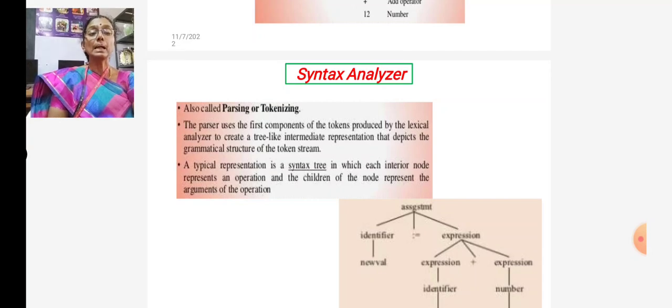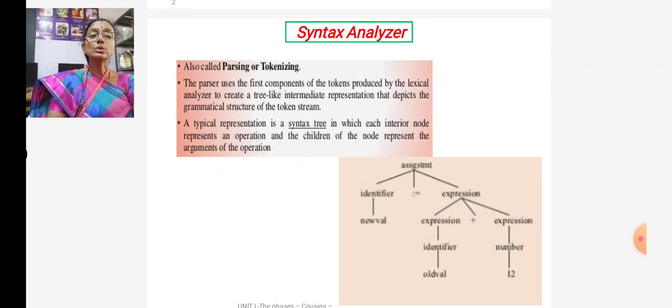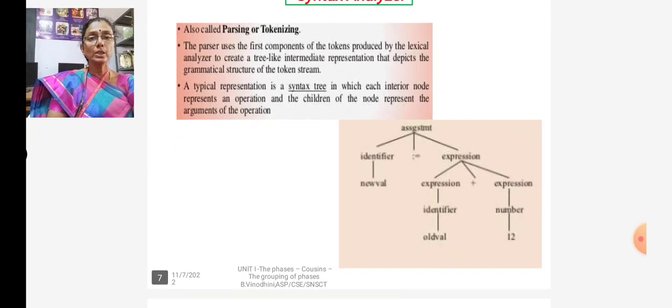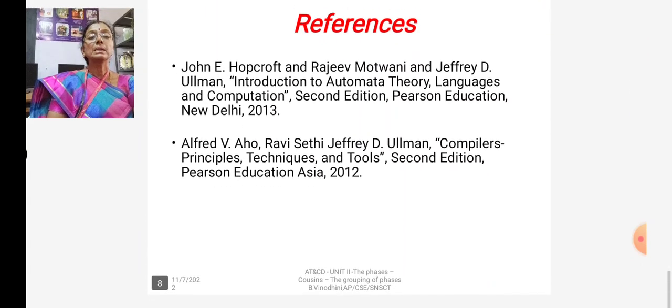Based upon the grammar, it constructs the parse tree. The leaf nodes of the parse tree contain the terminals of the given statement. If the given statement is equal to the output of the parse tree, our statement is syntactically correct. In the parse tree, the leaf nodes are the terminals and the interior nodes are the non-terminals.